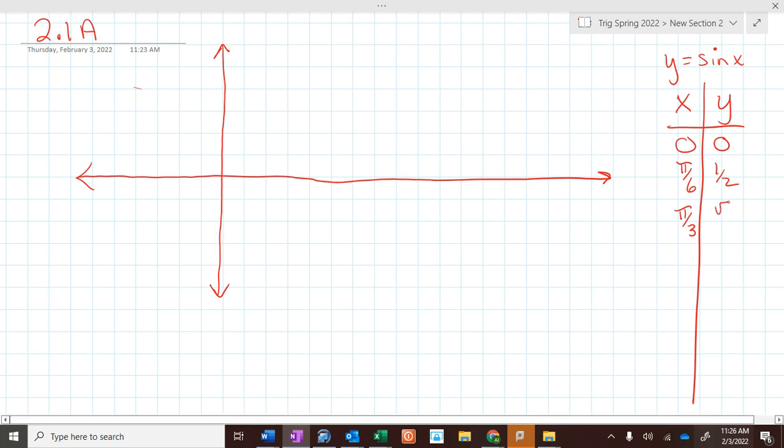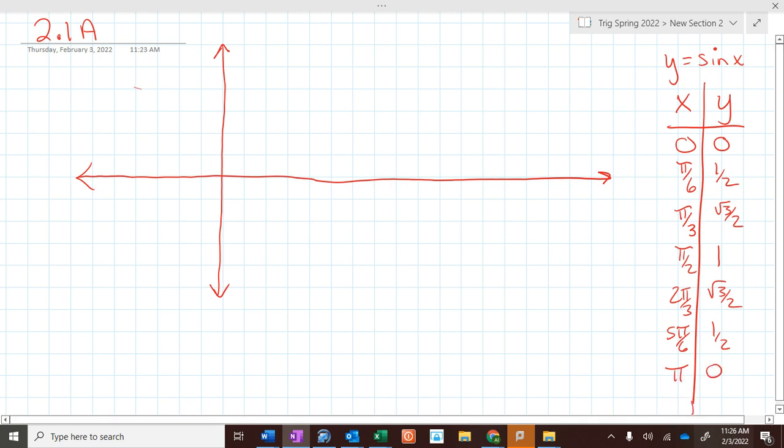Square root of 3 over 2. What's pi over 2? What's 2 pi over 3? Square root of 3 over 2. What's 5 pi over 6? 1/2. What is pi? 0.